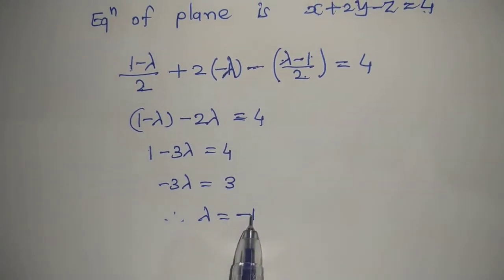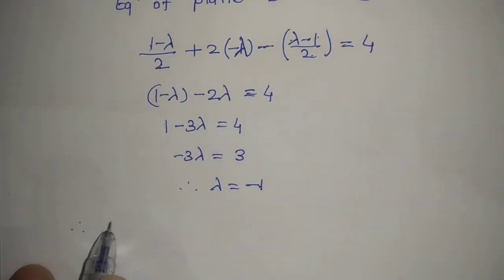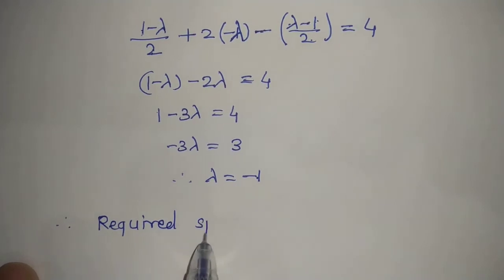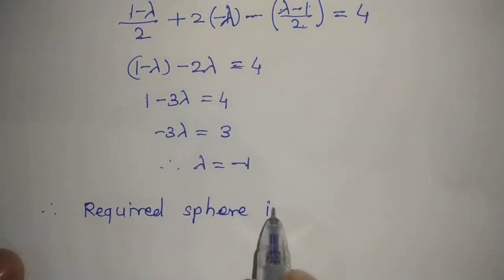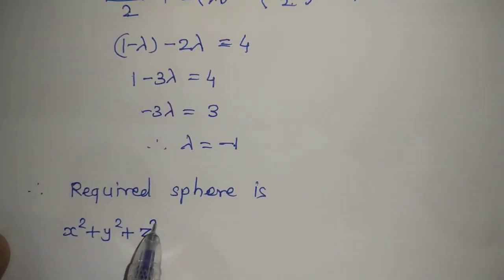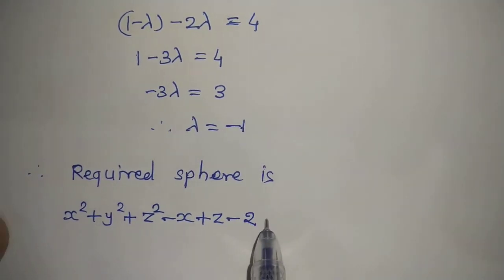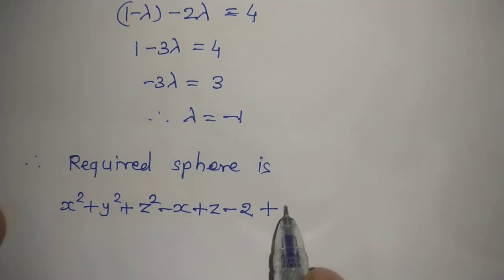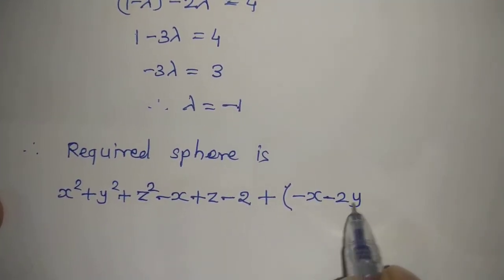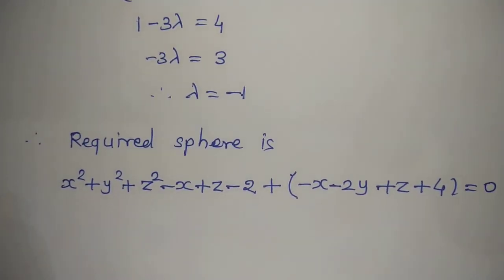So replace this value in the form S plus lambda U is equal to 0. Therefore the required sphere is x square plus y square plus z square minus x plus z minus 2, plus lambda, which is here minus 1. So minus 1 means minus x minus 2y plus z plus 4 is equal to 0.